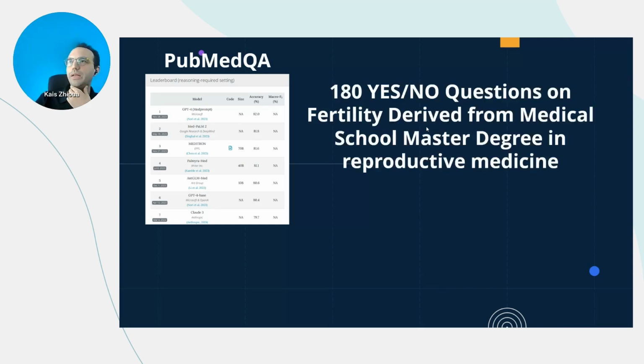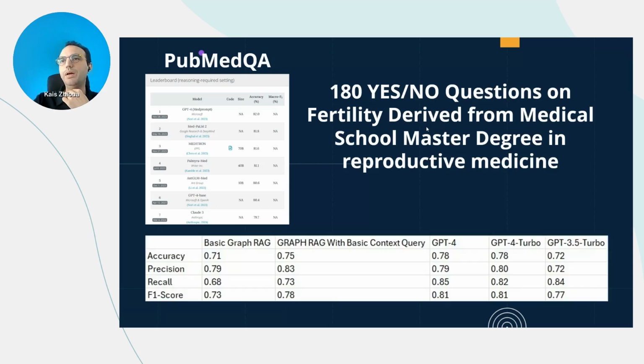So we created 180 yes/no questions that we derived from master's degrees from medical schools. And then we actually found that, first of all, GPT-4, when you ask it more detailed and specialized questions, performs a little bit less than when questioned on PubMedQA, even though the data set is very small here.